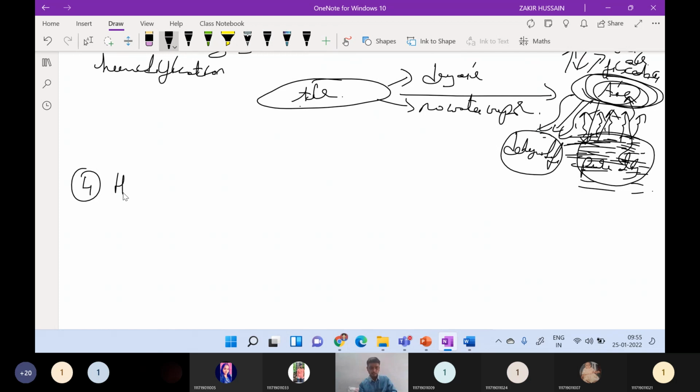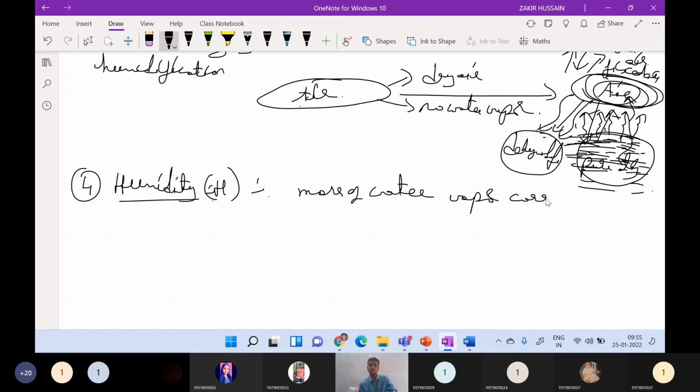The next one is humidity, denoted by capital H. It is the mass of water vapor carried by a unit mass of vapor-free gas.